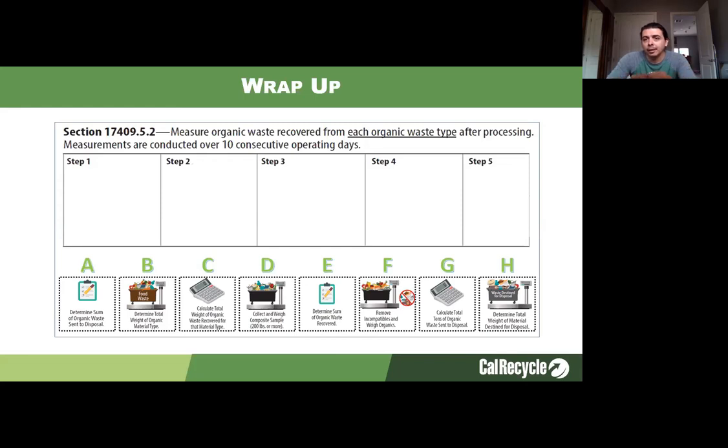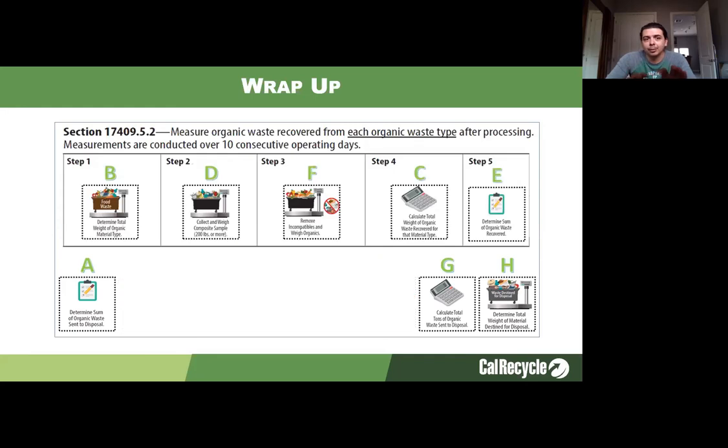In this first example, since it's section 17409.5.2, this measures organic waste recovered after processing. So any references to disposal in the icons below won't apply in this case, since this measurement specifically focuses on organic waste that's sent for recovery, further processing, or end use. Let's go ahead and look at the answer.